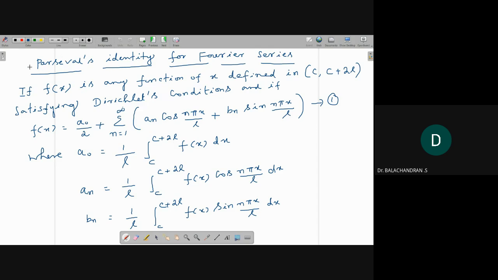Before going to the problem section, first we will prove Parseval's identity for Fourier series. So this is the statement.